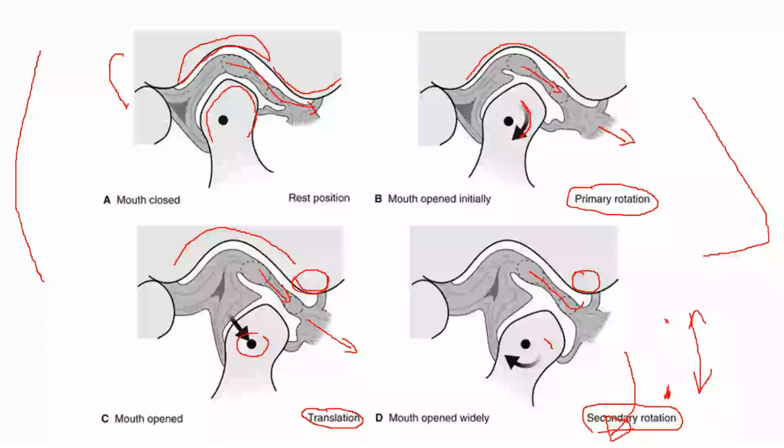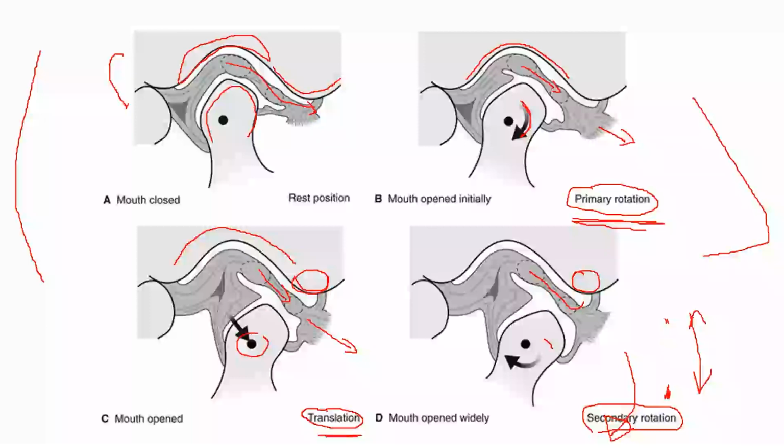Now you don't need to know it in this much detail as yet. We do look back at the TMJ. We have a review of the TMJ in year 2 and I think year 3 as well, so don't worry too much about great detail. We only need a basic understanding. The basic understanding is that we have rotation, because without this primary rotation, you cannot have translation.